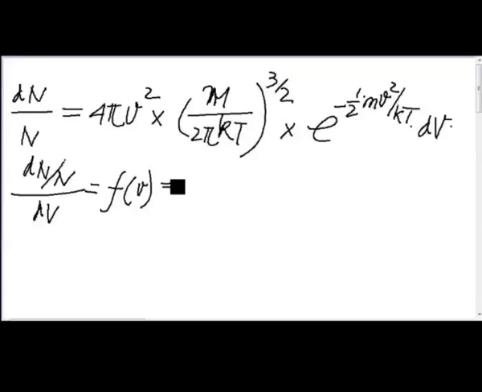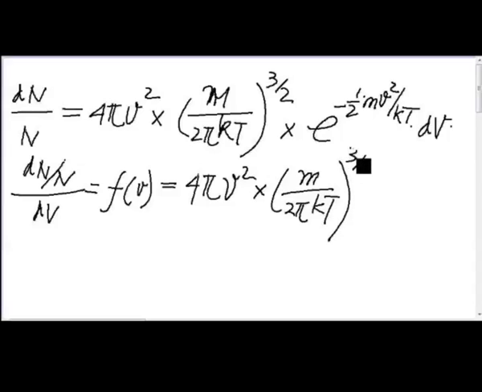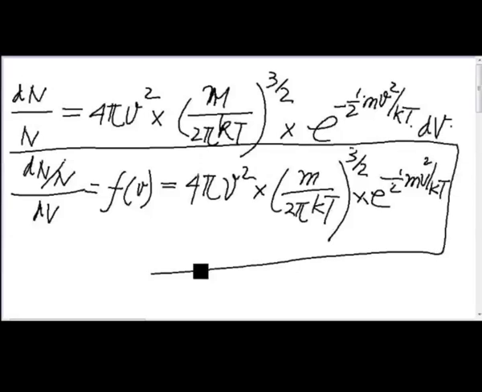So meaning the Maxwell-Boltzmann distribution can be written by this square, so this is actually the MB distribution.